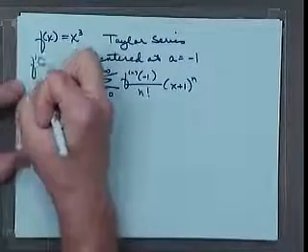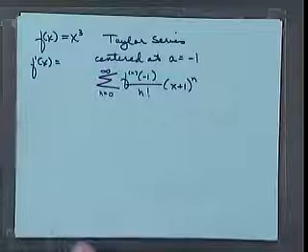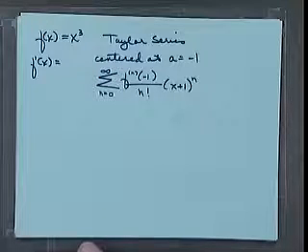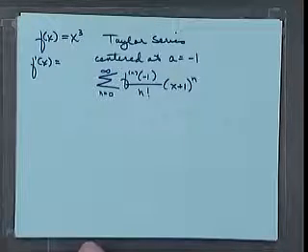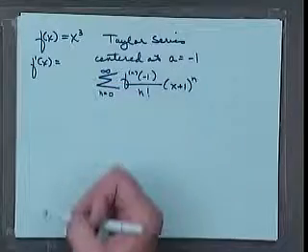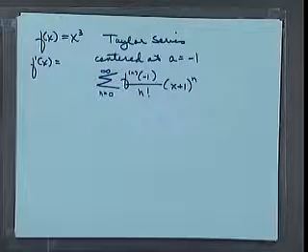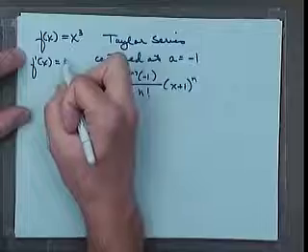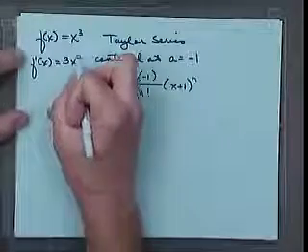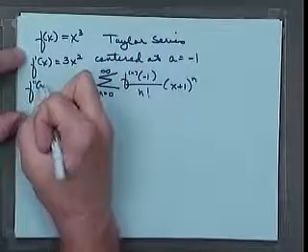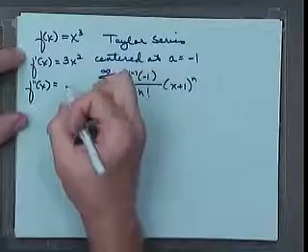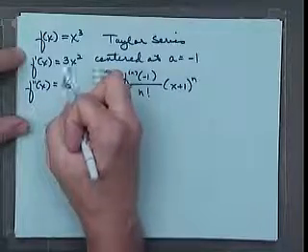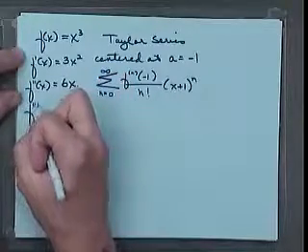We know we're going to need higher order derivatives, so let's get those. You'll start to get a clue that it's not going to go on forever as we go down this list. So the first derivative is 3x squared. Second derivative is 6x.